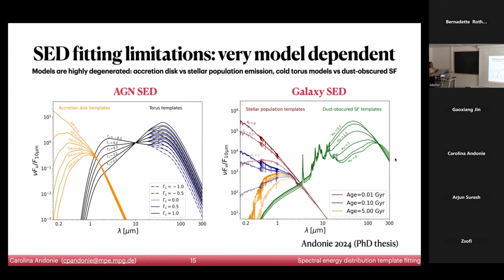So we can see that the accretion disk SED of a blue quasar, so when the reddening is basically 0, is very similar to the SED of a young stellar population. And then the accretion disk SED of a red quasar is very similar to the SED of an old stellar population. So again, there is a lot of degeneracy. So I might be misidentifying, for example, a blue quasar with a very young stellar population.